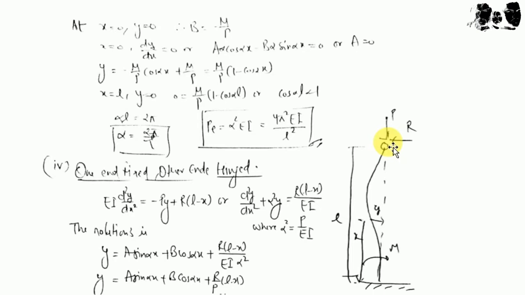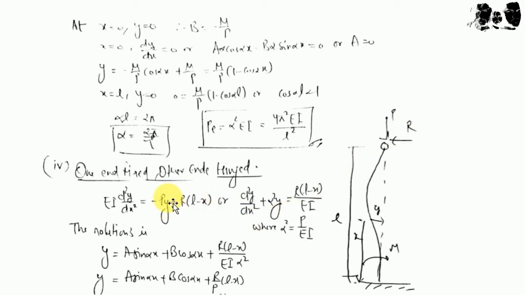Because in this case one end is fixed and the other is hinged, and the lateral forces cannot be equal, or we can say the net resultant force cannot be equal, and that's why we have a horizontal reaction, which we put at this point as the value of R.